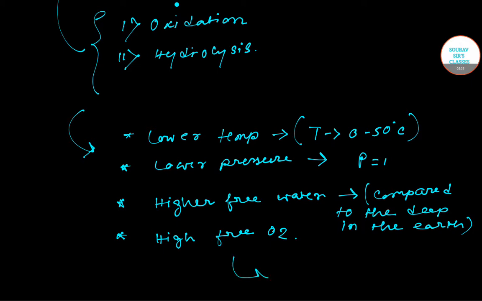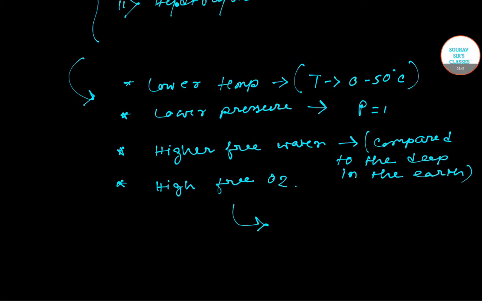And for high free oxygen, although oxygen is the most abundant element in the earth, most of it is tied up, bound into silicate and oxide minerals.